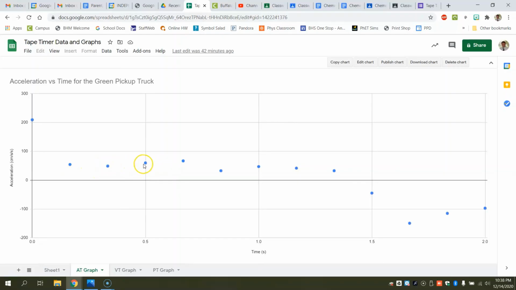So right around that 50-ish mark, and then all of a sudden we dip below. This is where we have some negative acceleration, and again we'd be looking for a flat line to see it. And it looked like it slowed down faster than it was speeding up. Hopefully that helps you answer the questions that are in the form.